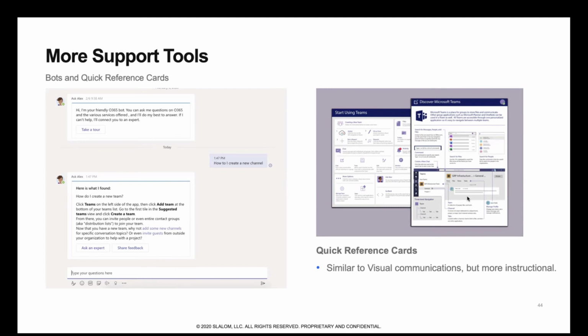And then we have seen some organizations roll out a bot that Microsoft creates, where you can manage the knowledge base in the background of common questions people are going to ask about Teams. You can even include things about other Microsoft 365 products. You can pin this in the app bar, and brand it to match your company. People can open it up and ask the bot, how do I create a new channel, instead of going somewhere else.